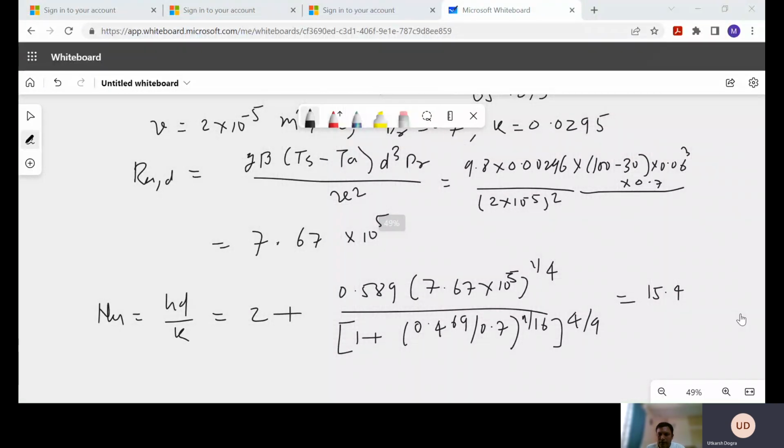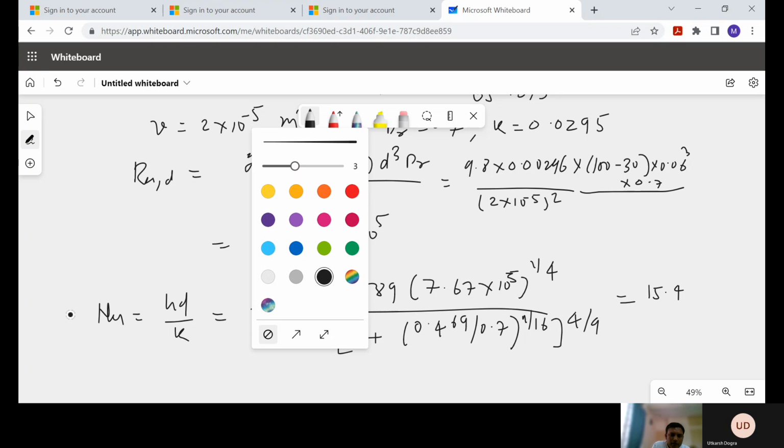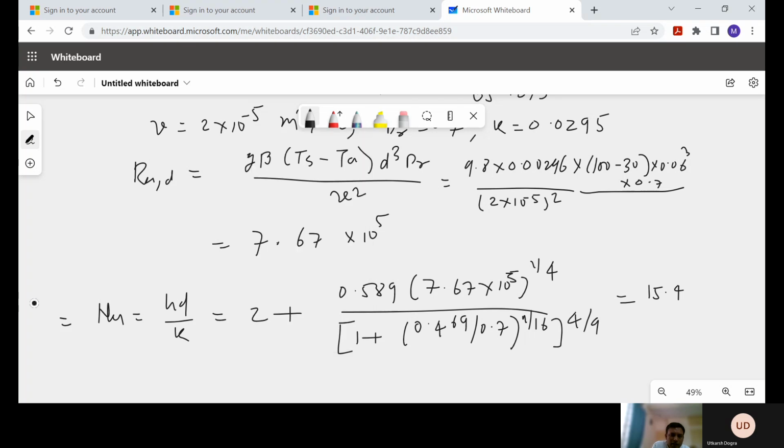This Nusselt number will be given by H into D, which is 0.06, divided by K. K we have defined as 0.0295.